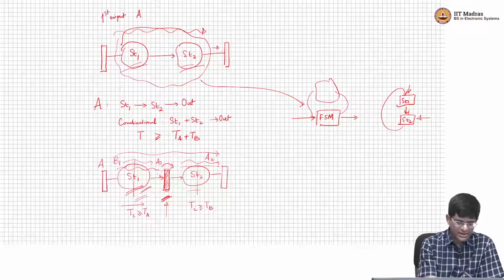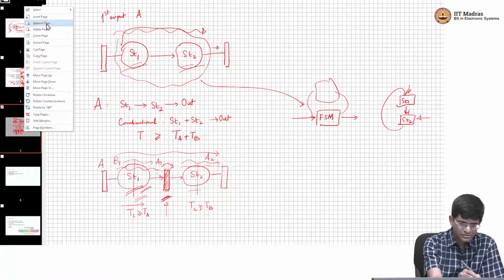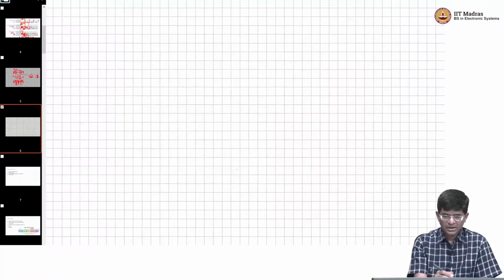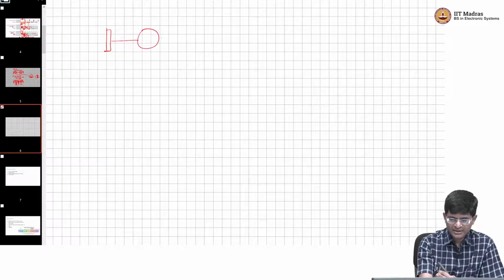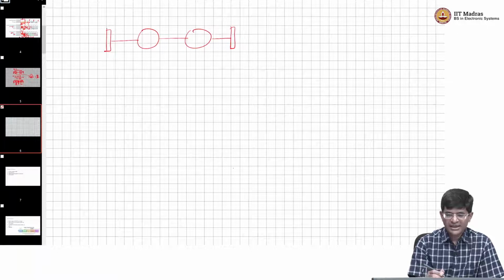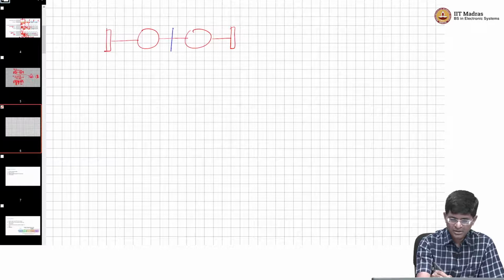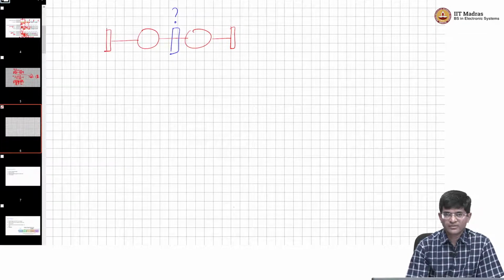Now, the first thing you need to understand over here is that if I have a piece of logic like this, where there is, let us say, 2 blocks followed by a register, is it even valid for me to insert a register at this point, right.